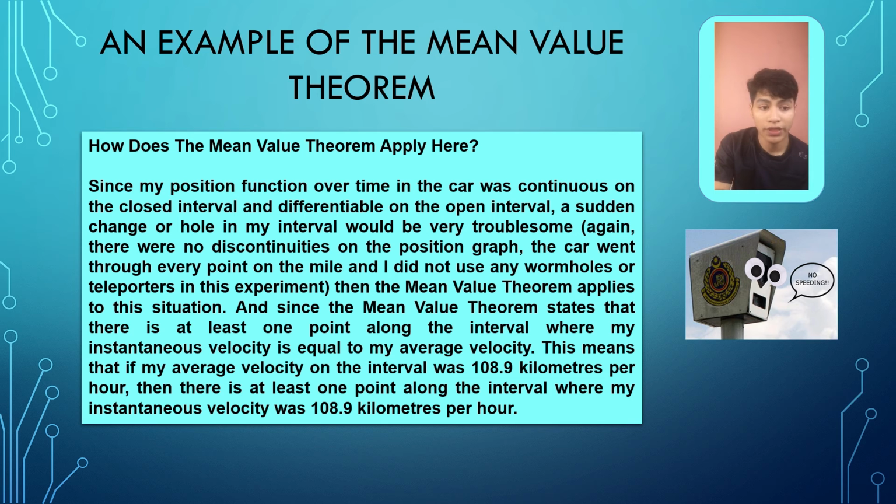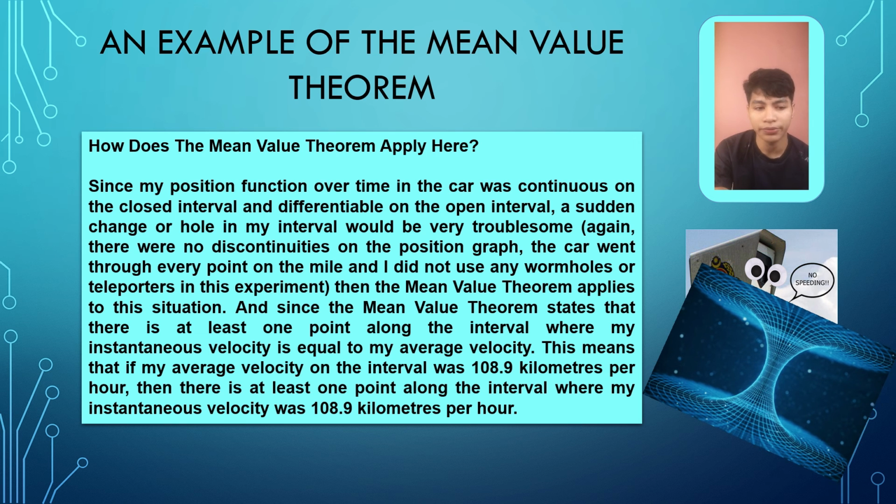So, how does the mean value theorem apply here? Since my position function over time in the car was continuous on the closed interval and differentiable on the open interval, a sudden change, a gap, or a hole in my interval would be very troublesome. Again, there were no discontinuities on the position graph. The car went through every point on the miles, and I did not use any wormholes or teleporters in this experiment.